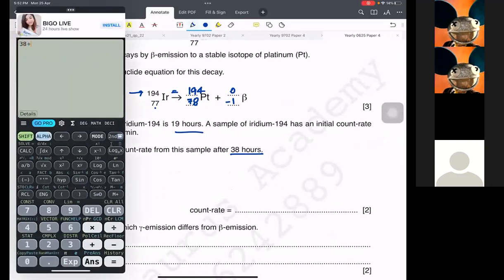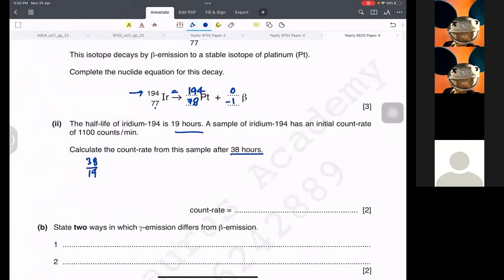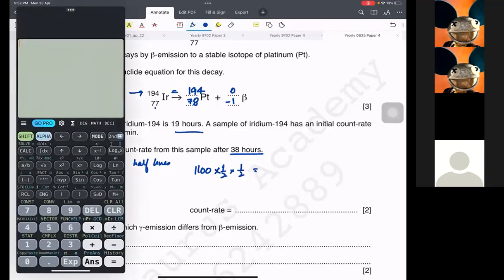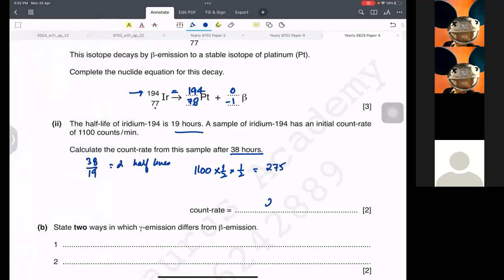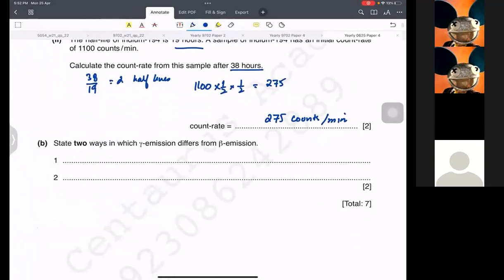I think it should be 2. Yeah, so you have 2 half-lives. 2 half-lives mean that you have to divide this by 2 twice. 1100 times half and times half. So once you do it twice, you're good to go. So it is 275. And voila. So easy. Oh no, it is counts per minute, not becquerels. Please write the rates with correct units.